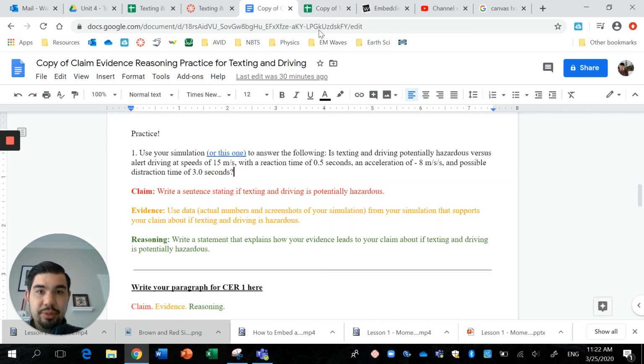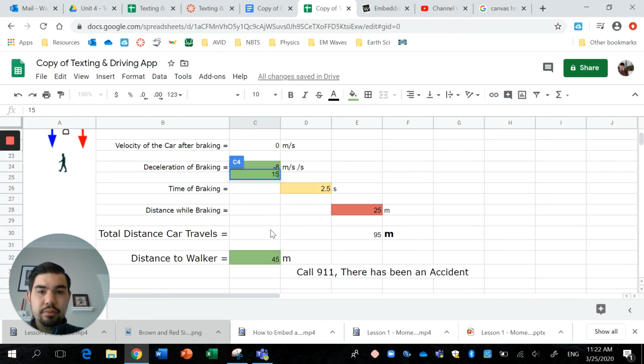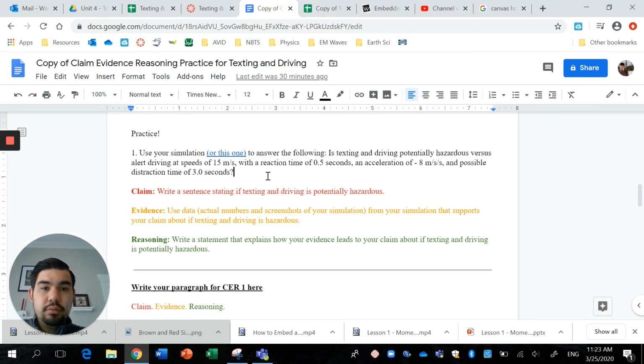The reaction time is 0.5 seconds. The acceleration is -8, and the distraction time is 3 seconds. So if we put in all that, distraction time 3 seconds, reaction time 0.5, and deceleration is -8, we're trying to determine if texting while driving is potentially hazardous.